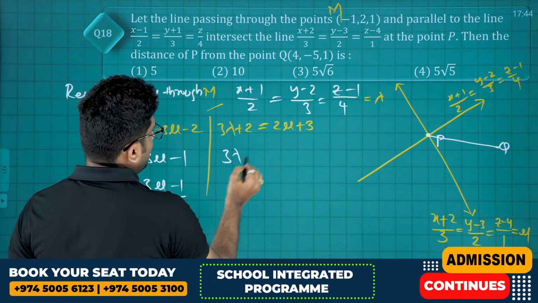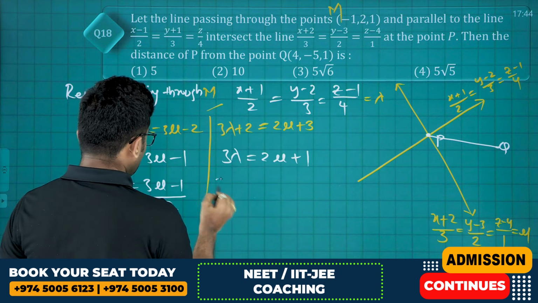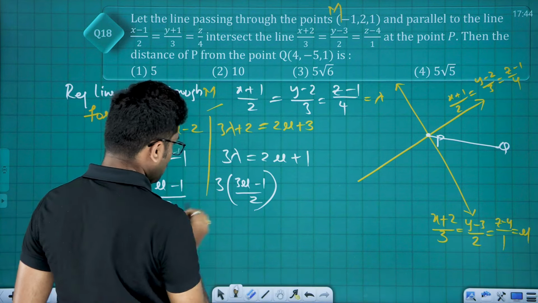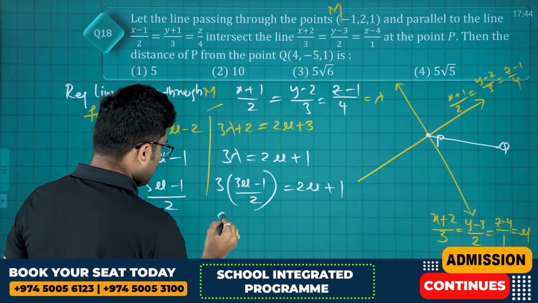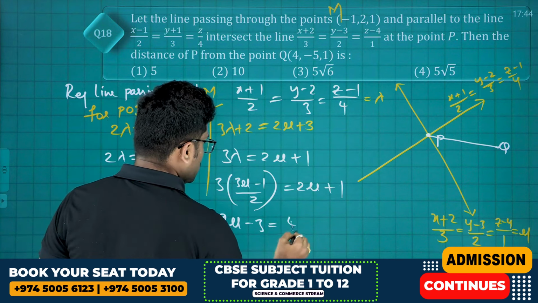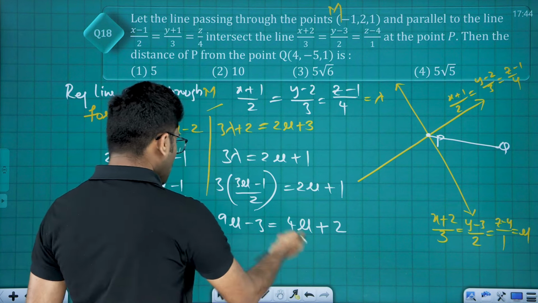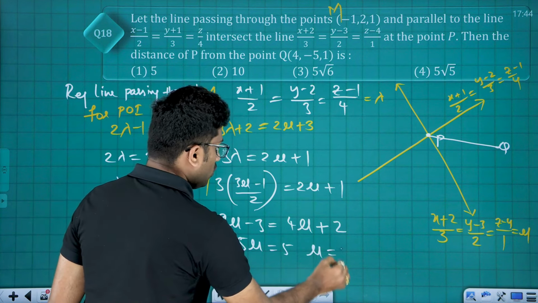So from here, 3 lambda is equal to 2 mu plus 1. 3 into (3 mu minus 1) by 2 is equal to 2 mu plus 1. So 3 threes are 9 mu minus 3 is equal to 2 twos are 4 mu plus 2. 9 minus 4, 5 mu is equal to 5, so mu is 1.